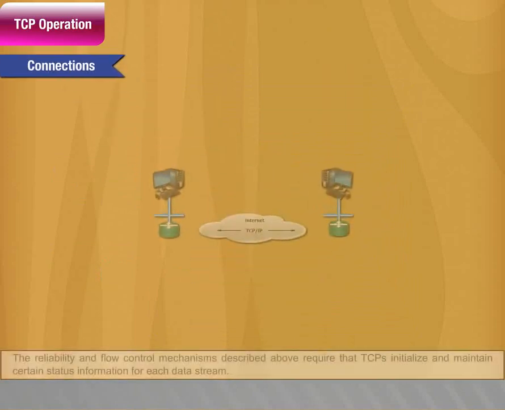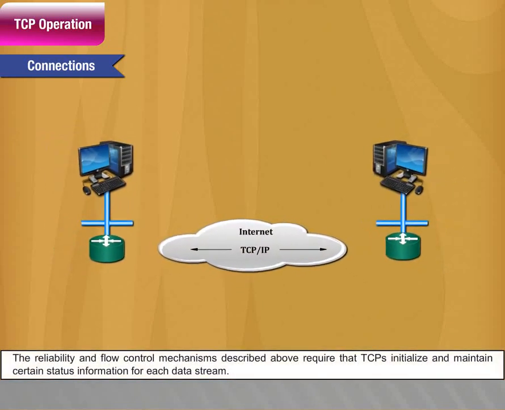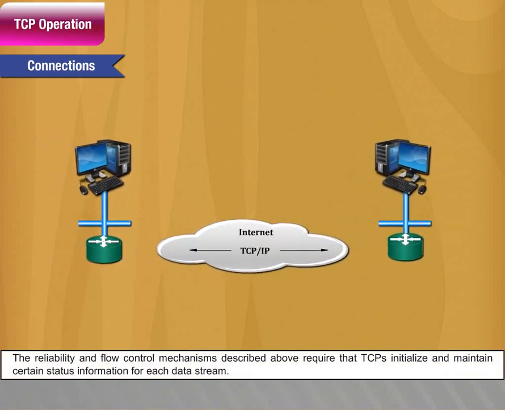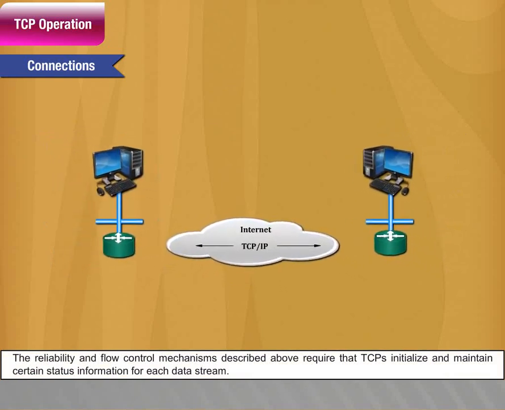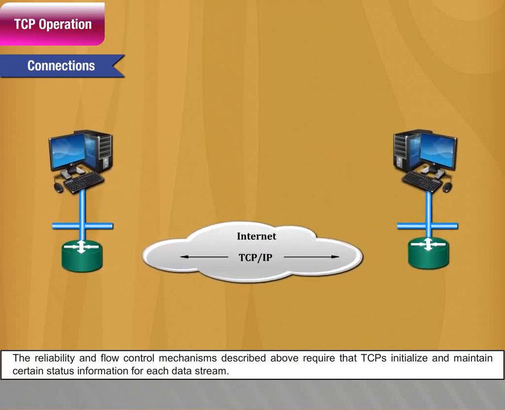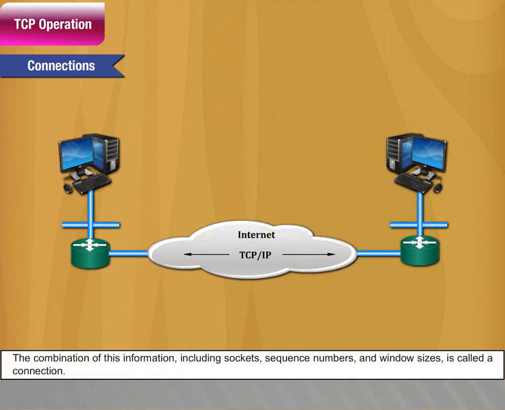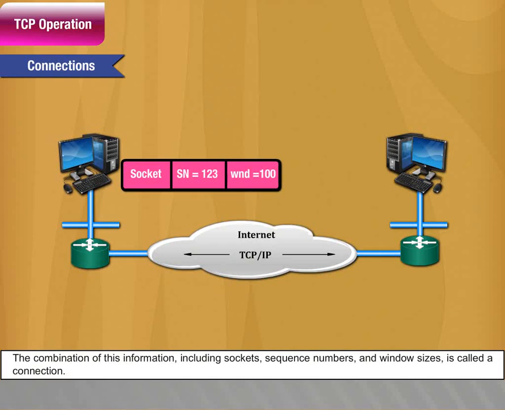Connections. The reliability and flow control mechanisms described above require that TCPs initialize and maintain certain status information for each data stream. The combination of this information, including sockets, sequence numbers, and window sizes, is called a connection.